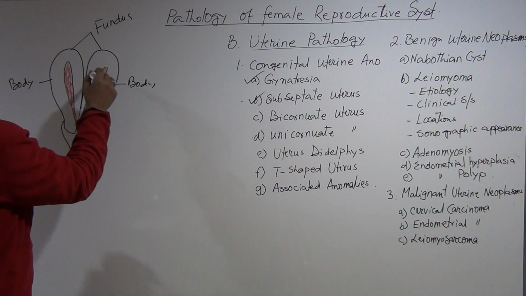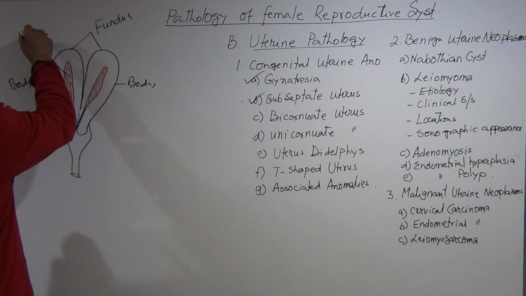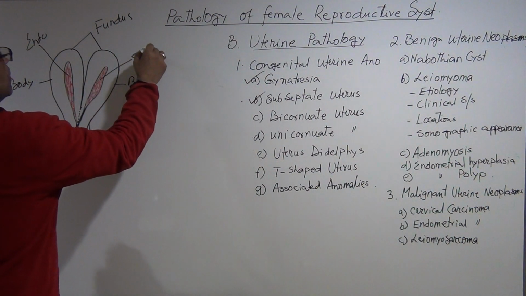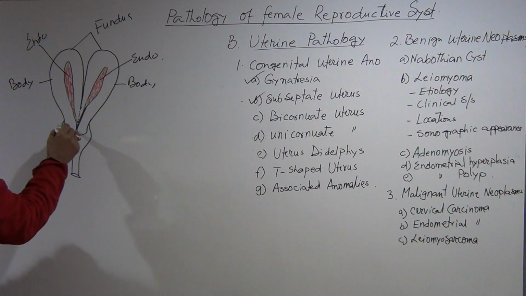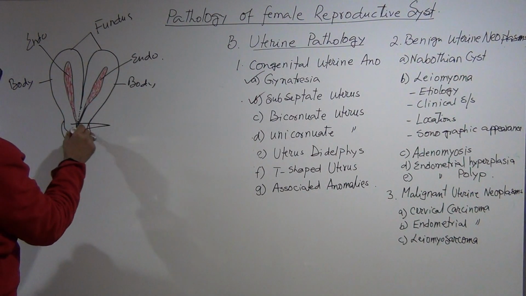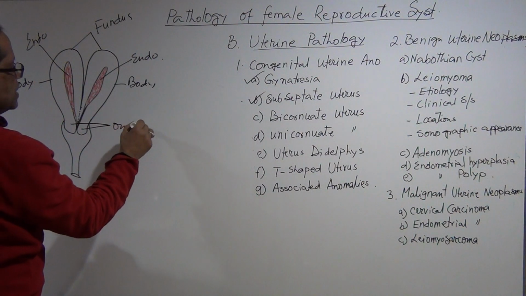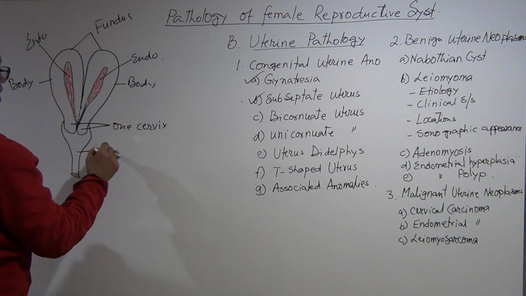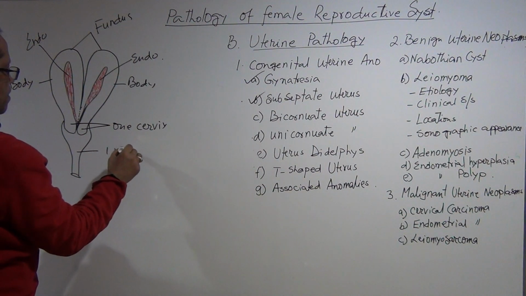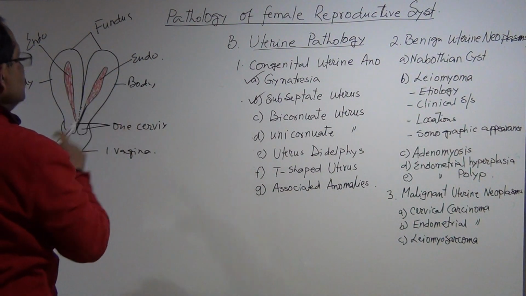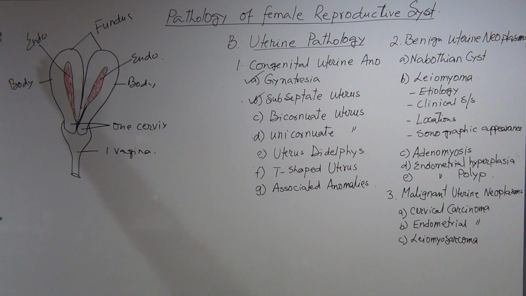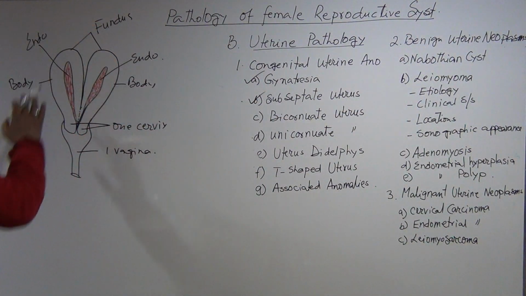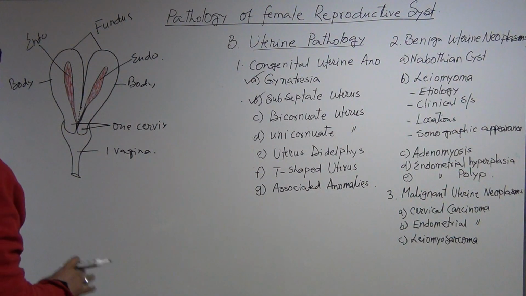Body, and look at the endometrium. Endo, but one cervix, one cervix and one vagina. So this is bicornuate uterus.